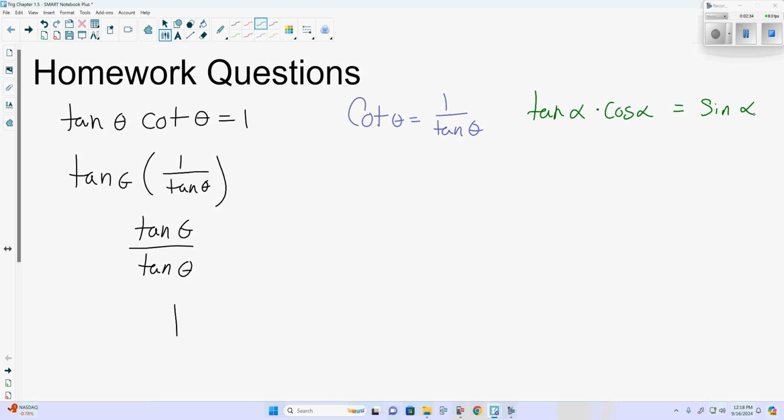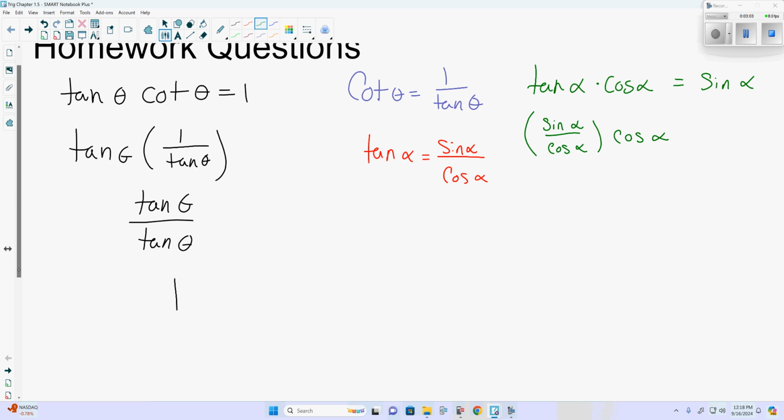Part of the way we can do this is one of our properties is that tangent of alpha is equal to sine of alpha over cosine. So for our problem here, we can rewrite tangent as sine of alpha over cosine of alpha times cosine of alpha.